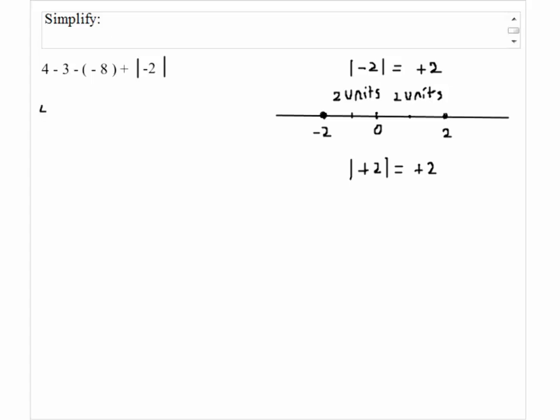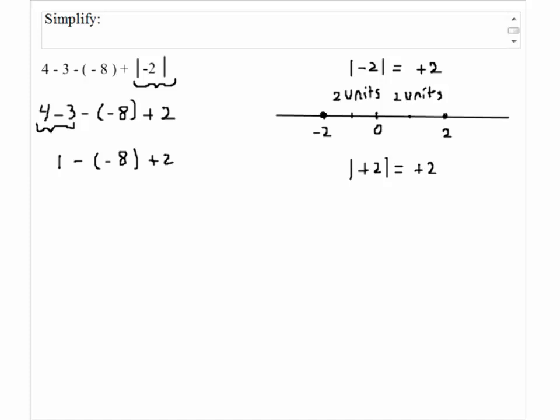So in this case, we have 4 minus 3 minus 8 plus, so absolute value of -2 would be equal to 2. So we go from left to right. We have 4 minus 3 would be equal to 1. We're following the order of operation.